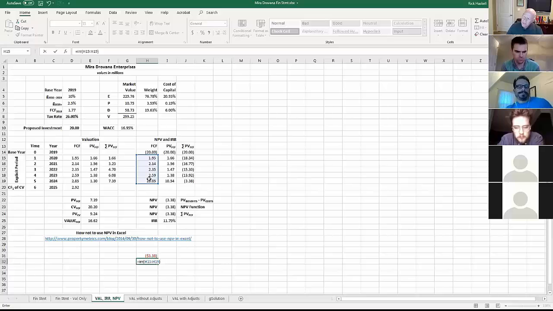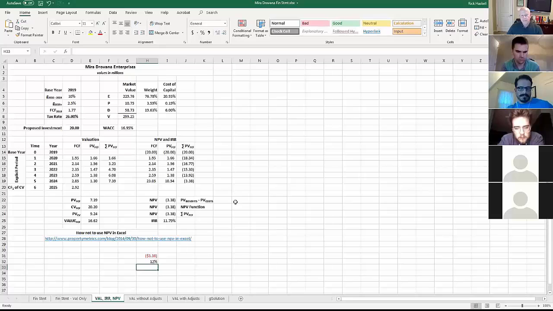But wait a minute. If I use the same construction, I can't add a cash flow to that. I'm looking for a rate, right? So I can't do it that way. Well, the good news is Excel is smart and stupid at the same time because it doesn't start with year 0 when it does net present value, but it starts at year 0 when it does internal rate of return. I have no idea why it uses 2 different methodologies to get at 2 values that are so completely correlated and used right alongside each other in finance commonly and consistently.